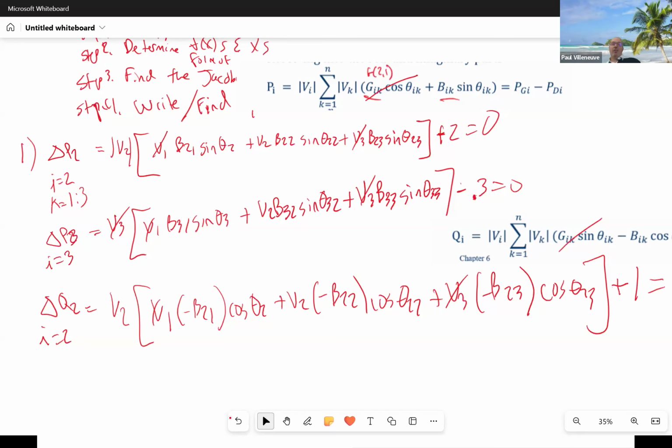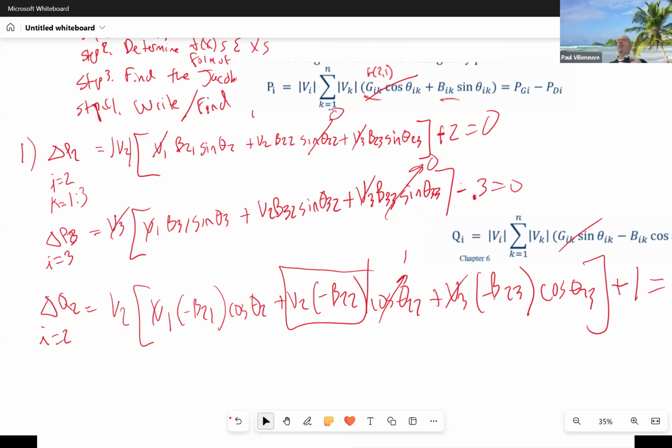And the last simplification we're going to do, we know that sine of theta 2 minus theta 2 is 0, isn't it? Because the sine of 0 is 0. So these terms will completely disappear. The cosine of theta 2 minus theta 2 becomes 1. So this term does not disappear, does not go to 0. That's a common mistake.